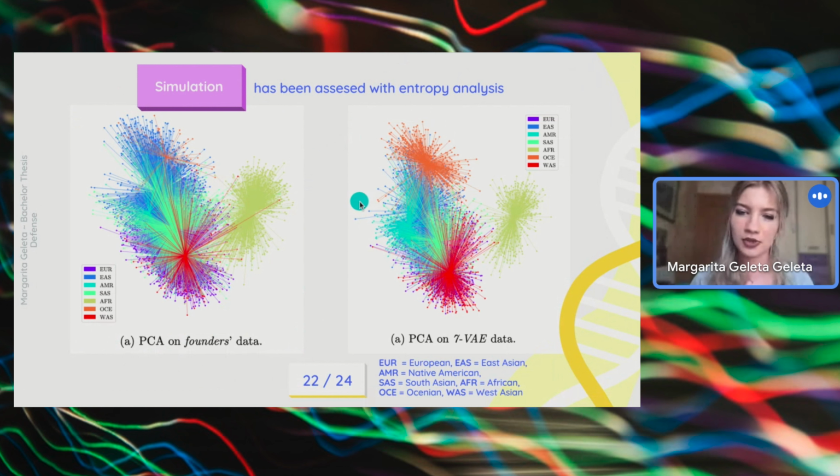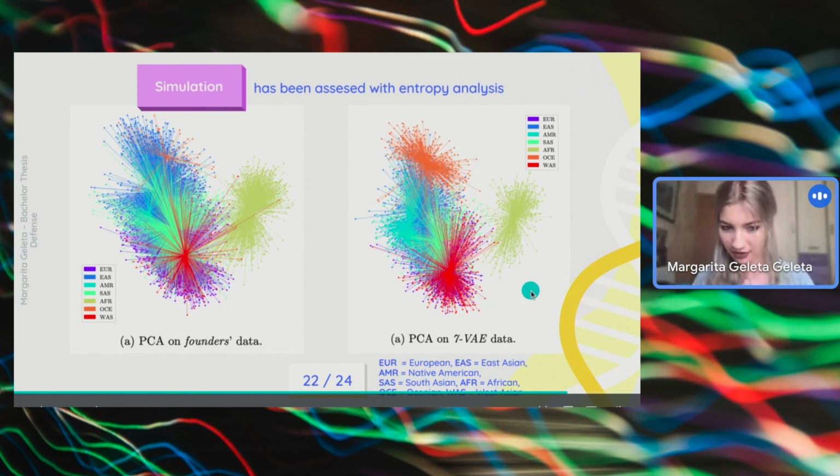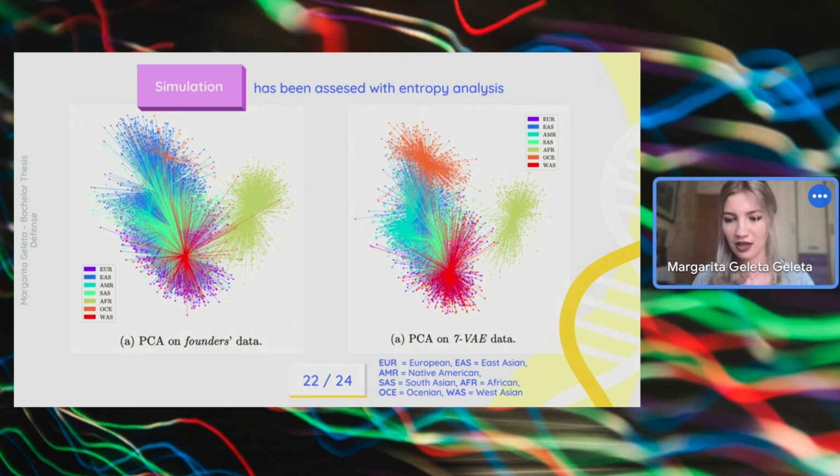However, with our simulation method, we can generate as many individuals as we want across all populations, and the distribution is preserved in the space. This is the PCA on original data, the 10,000 position data, not the latent space. So simulation results look quite promising.